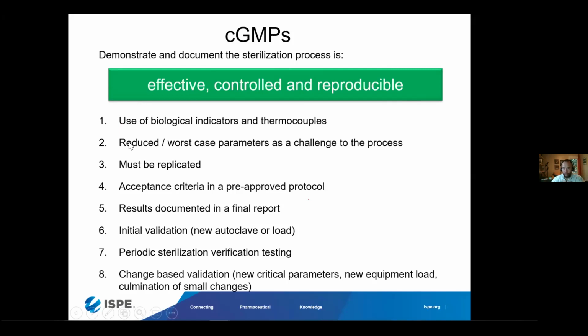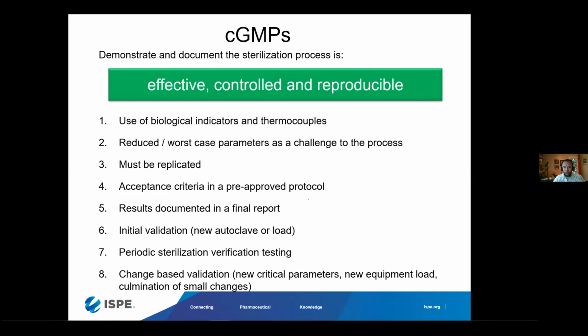So this maybe is not all written down, but it is definitely the list of 8 factors that will build up a successful validation. Use the biological indicators and thermocouples at reduced worst case parameters in the autoclave, show reproducibility, that you can not only have a sterile product once, but over many times in the initial validation.